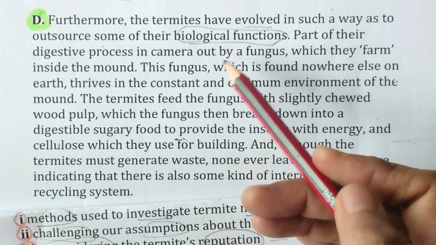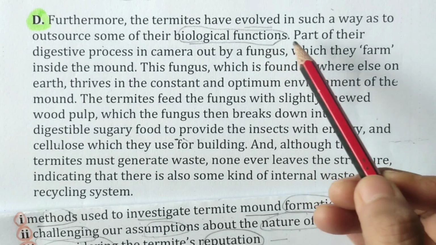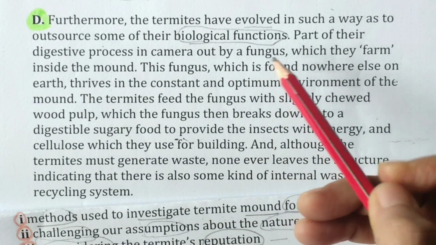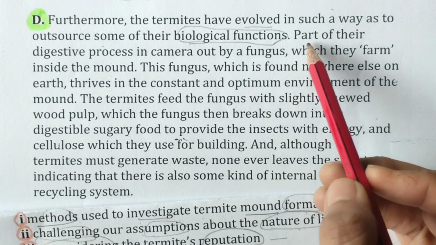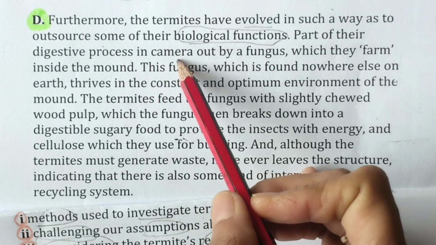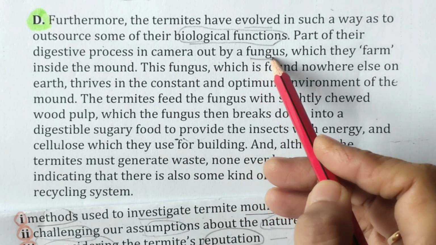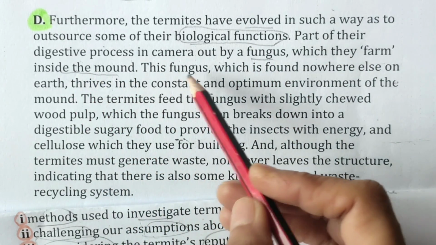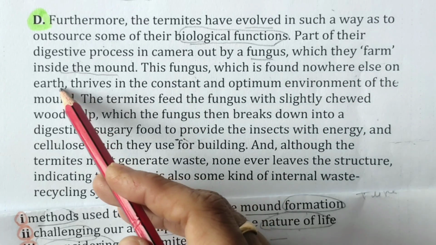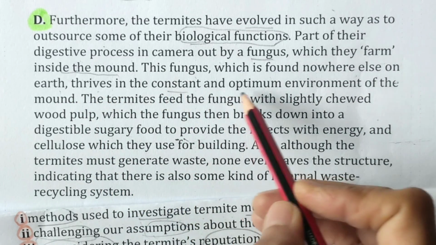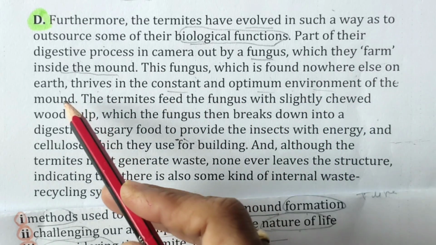Biological, parent related, hereditary function kind of thing you can say. Blood relation, it's like that. Part of their digestive process is carried out only by fungus which they farm inside the mound. This fungus, which is found nowhere else on earth, thrives in the constant and optimum environment of the mound.